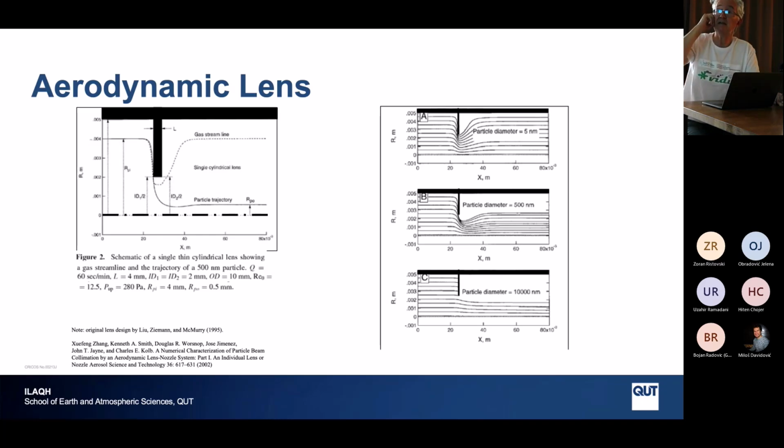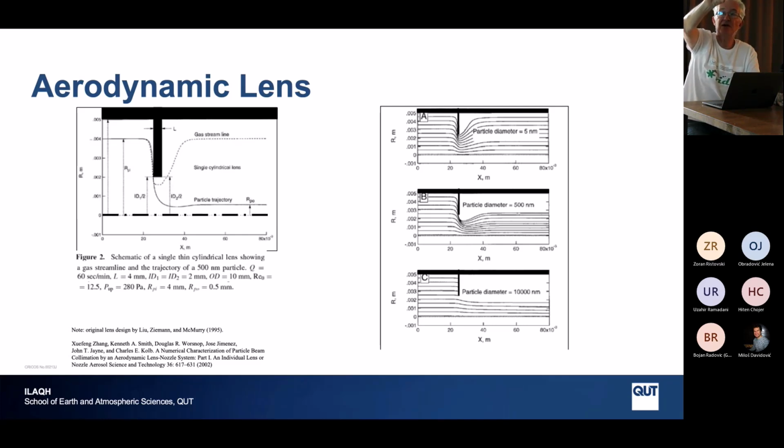So how does it do that? It uses the property that particles don't follow a gas stream directly when it comes in front of an obstacle. On the top left-hand side, you have an obstacle, and air will pass around the obstacle and go more or less in the same path where it came from. Particles can't do that. On the right-hand side, you see very small particles will follow more or less the path, but larger particles, let's say half a micron, 500 nanometers, don't follow.